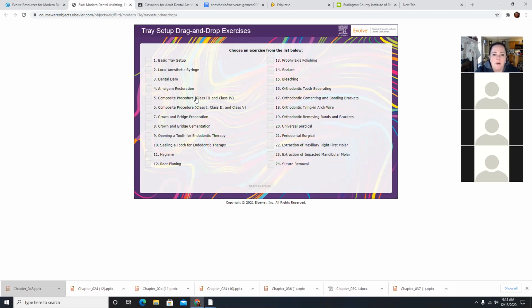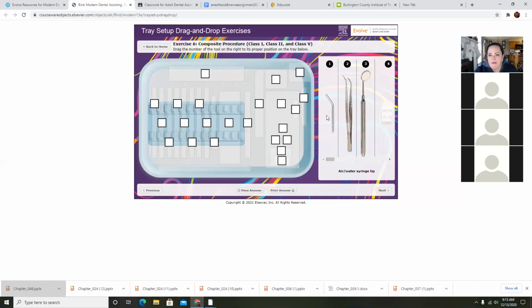So if we're doing a composite procedure for a class 1, class 2, or class 3, that's going to be pit and fissure, anterior, in between the teeth, right? Let's look at the instruments that we use. Everybody knows what this instrument is? Number 1, what's number 1? Air water syringe. What's number 2?